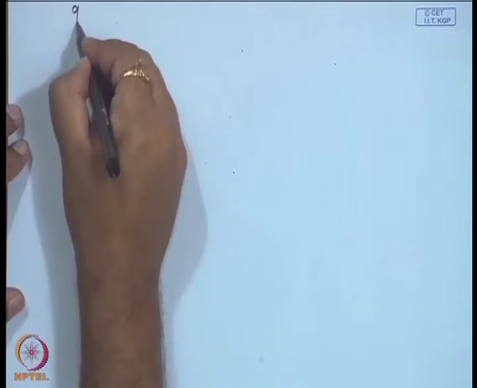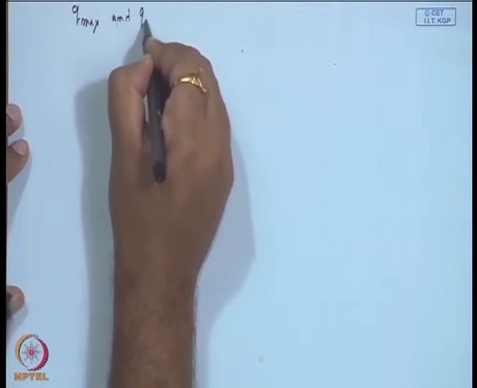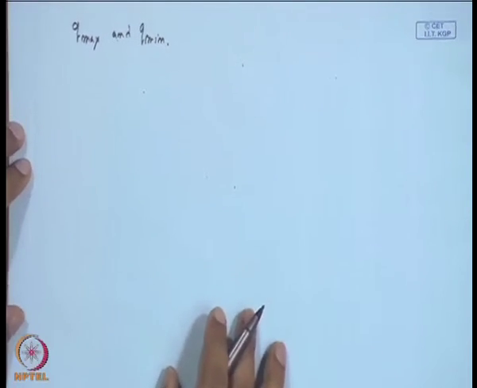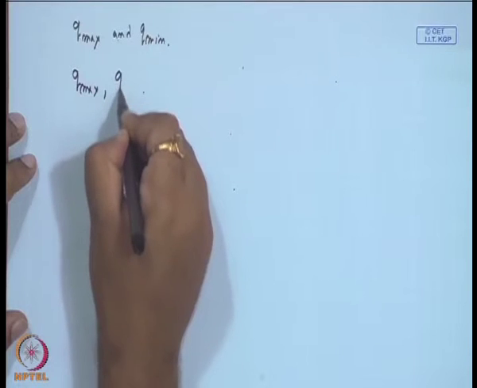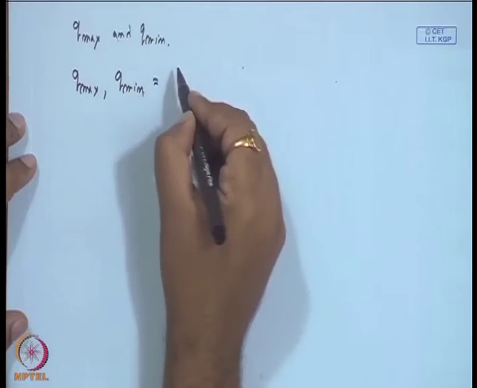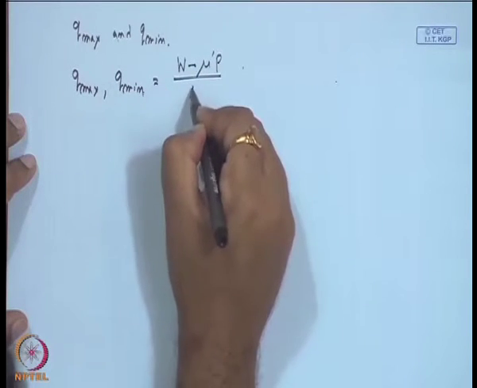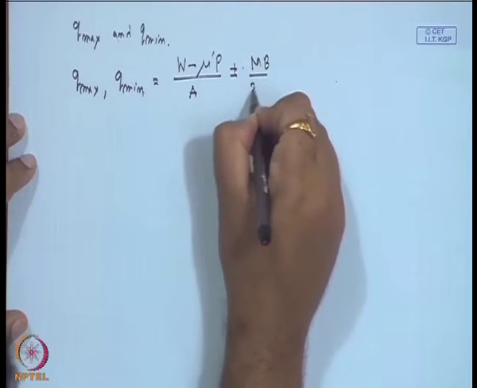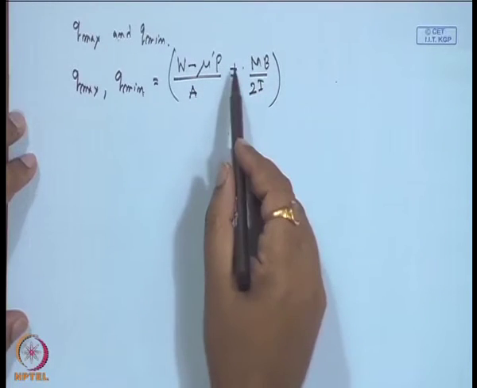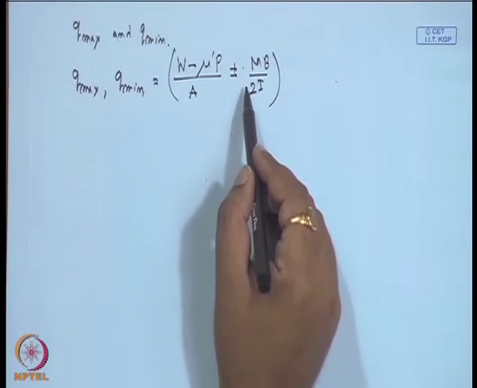Now, we have to determine the soil pressure, Q max and Q min. We can determine Q max and Q min by this expression: W minus mu dash P divided by A, plus or minus M B divided by 2 I, where plus is used for Q max and minus for Q min.